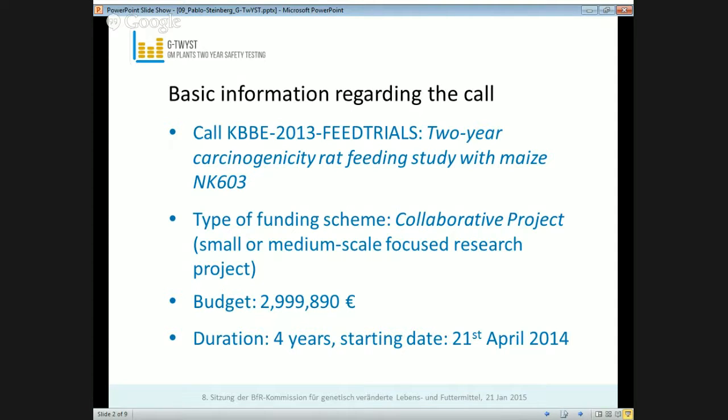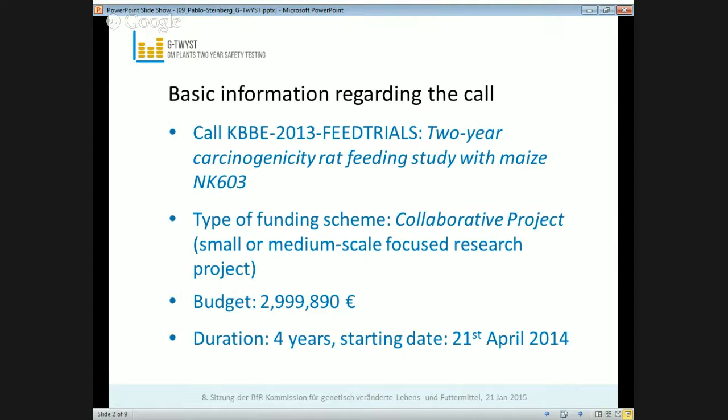I'm sure this then induced the Commission to issue a call, I think the last one in the 7th Framework Programme, which was then adopted.